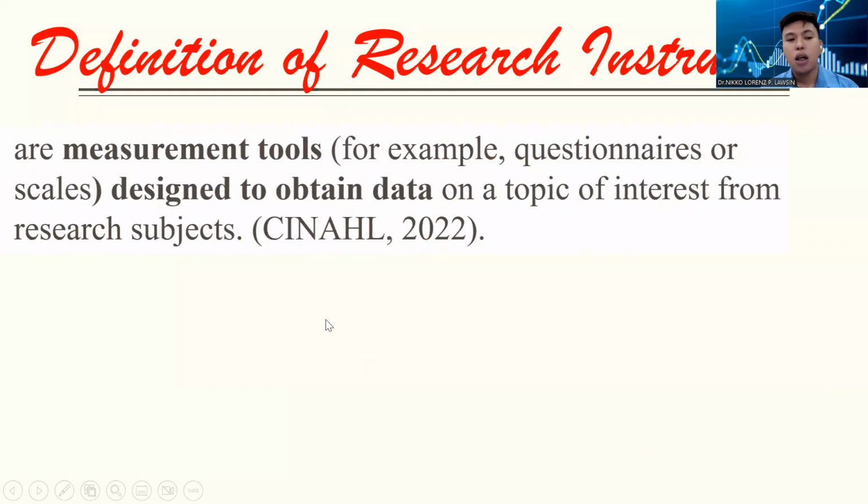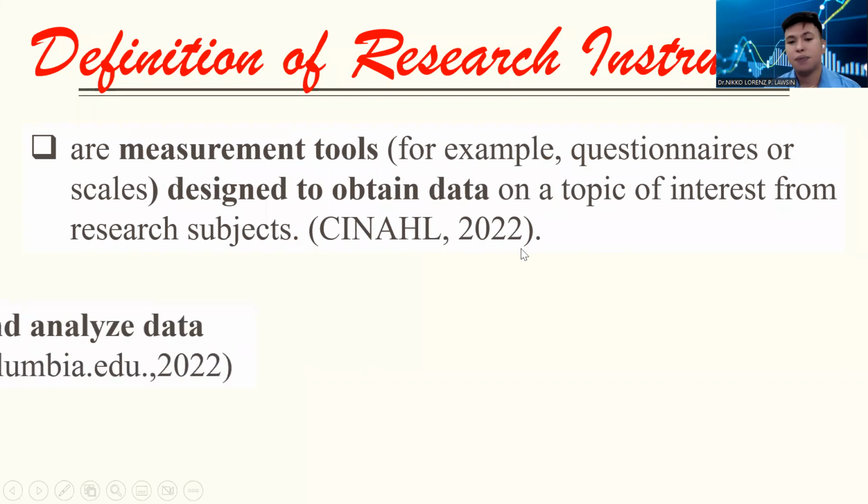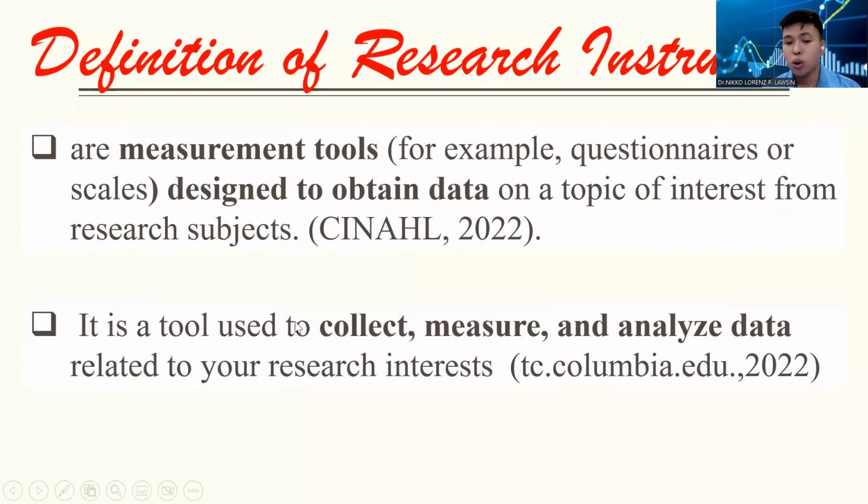To continue, now let's define what a research instrument is. These are measurement tools, for example, questionnaires and scales designed to obtain data on a topic of interest from research subjects. A measurement tool designed to obtain data. It is a tool to collect, measure, and analyze data related to your research interest.